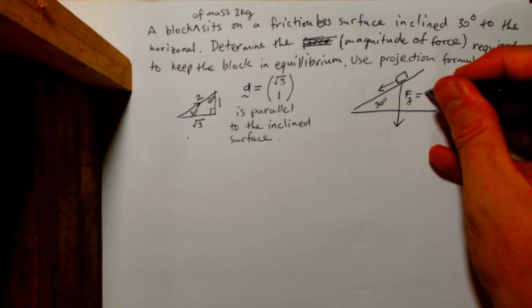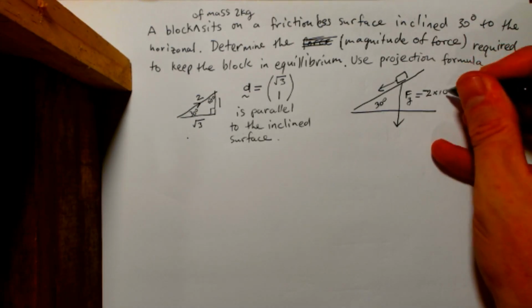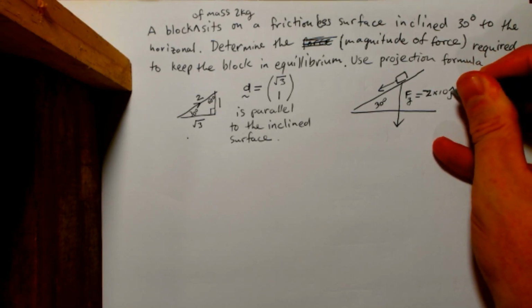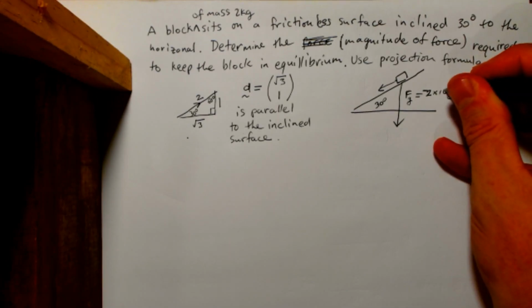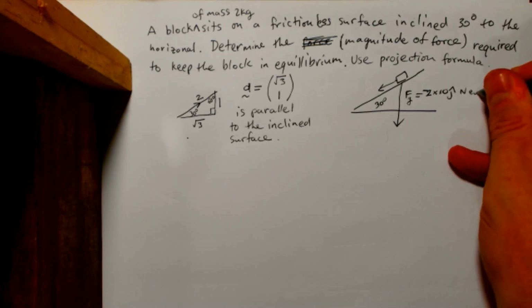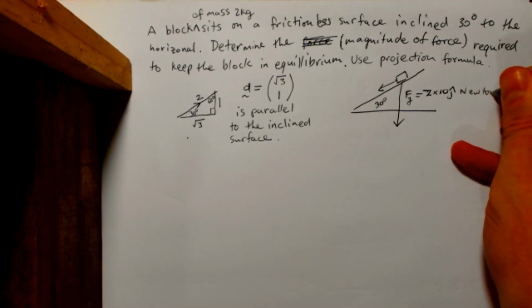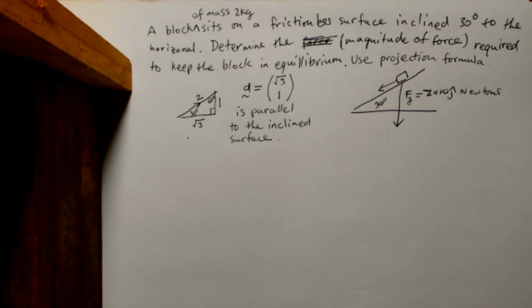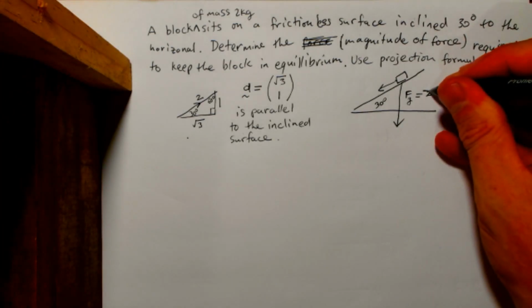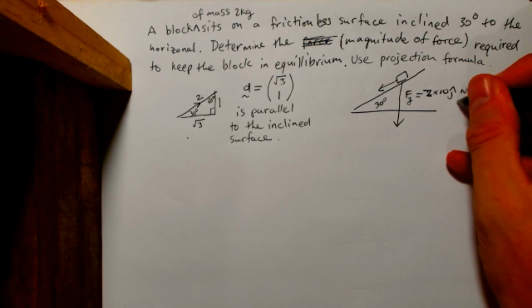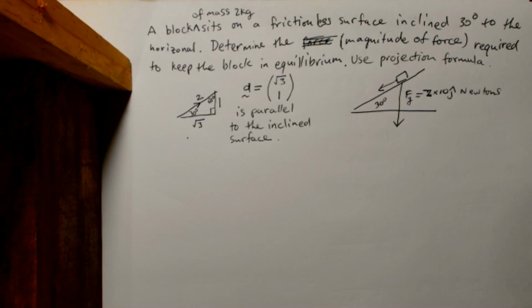Okay, and it's acting downwards, so I'll give it a minus sign, and then I'll say j hat to indicate that it's going down. But the magnitude of this force is 2 times 10, which is 20 newtons. And it's newtons because we're using SI units, mass in kilograms and meters per second squared. So that says minus 2 times 10 j hat newtons.